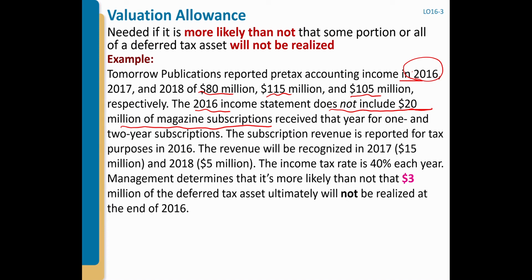That's 20 times 40%, let's say, right? The difference is 20, so 20 times 40%. You have this deferred tax asset, 20 times 40%, which is 8. Okay, so you have this 8 here.